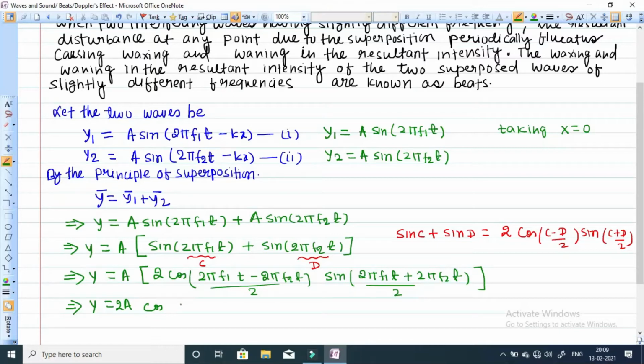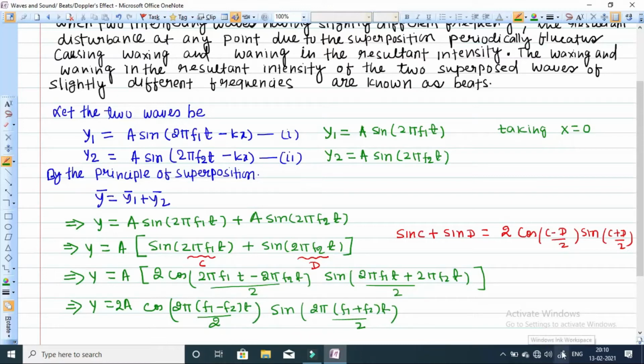So basically we can write 2 pi (f1 minus f2) into t divided by 2, into sine of 2 pi (f1 plus f2) into t divided by 2. This will be your expression basically. This is our basic equation.